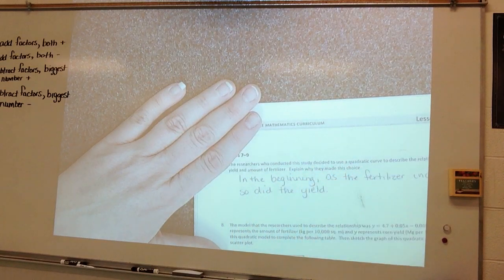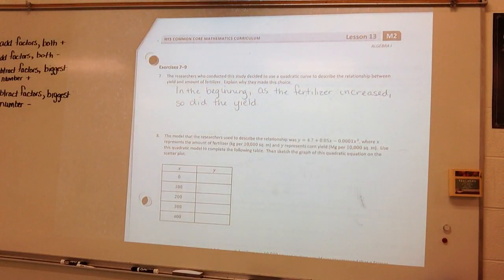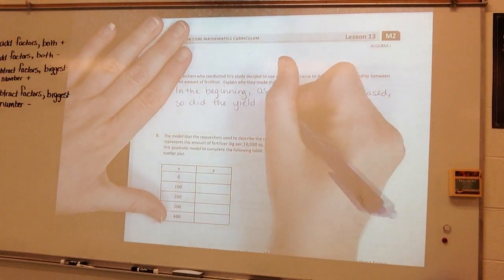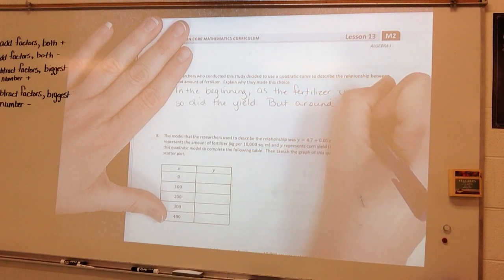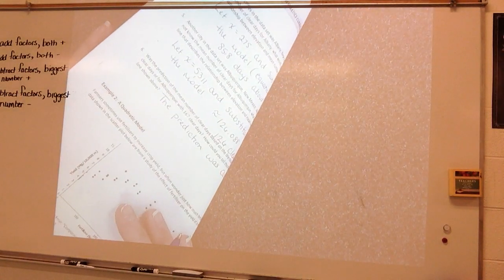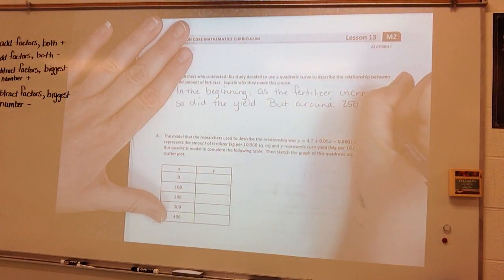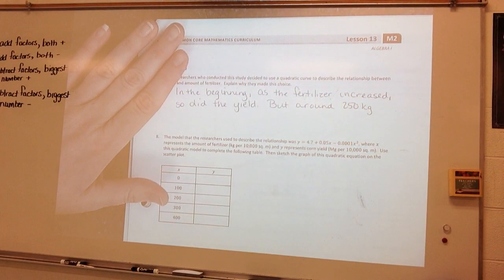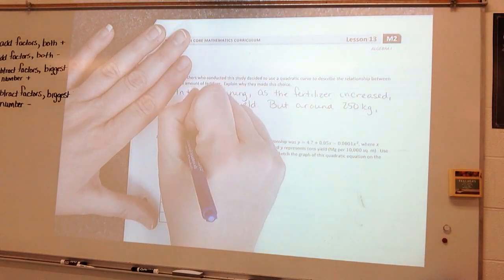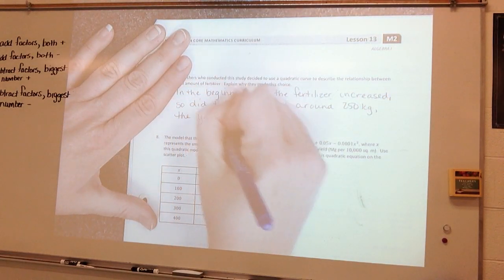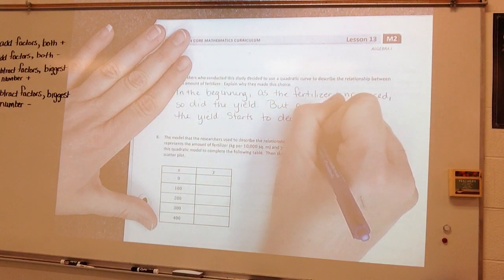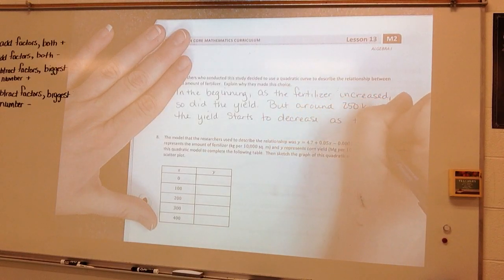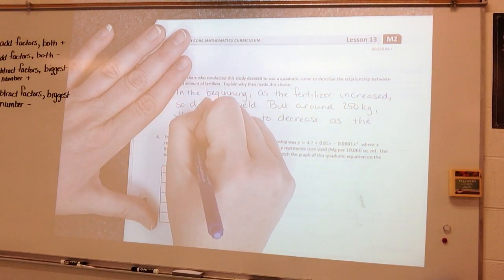We saw that as they increased the amount of fertilizer, the amount of yield started to increase also. But around 250 kilograms, the yield starts to decrease as the fertilizer increases.